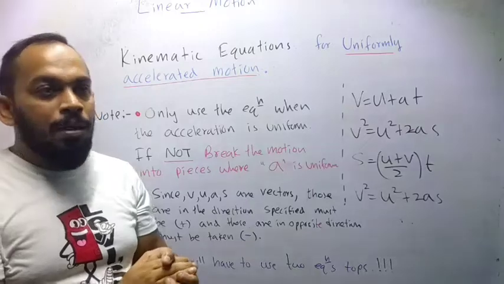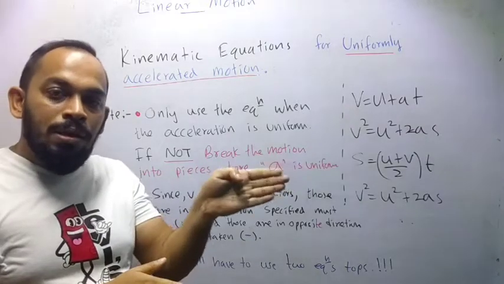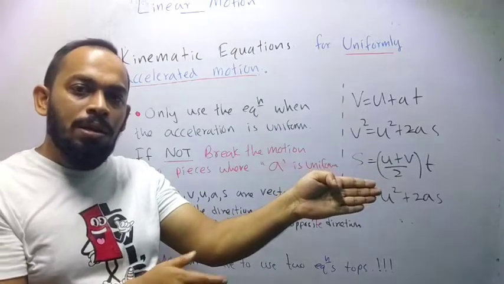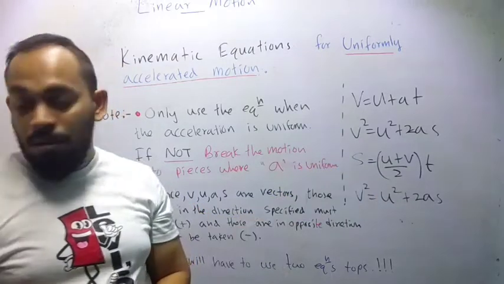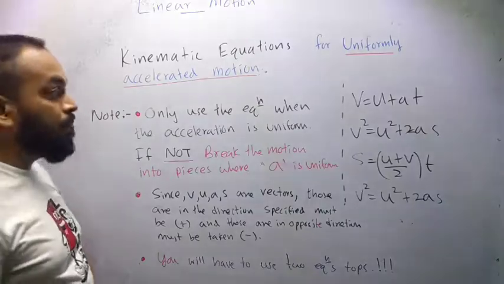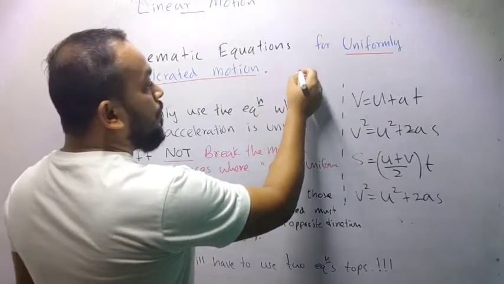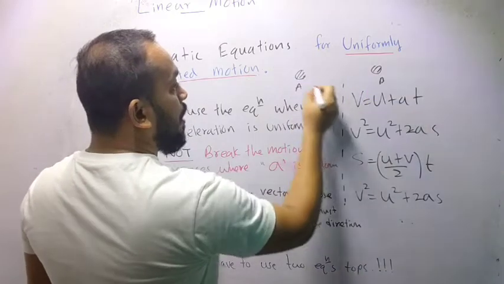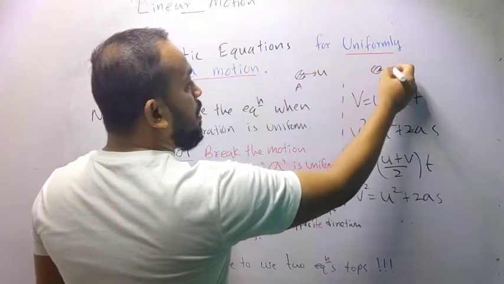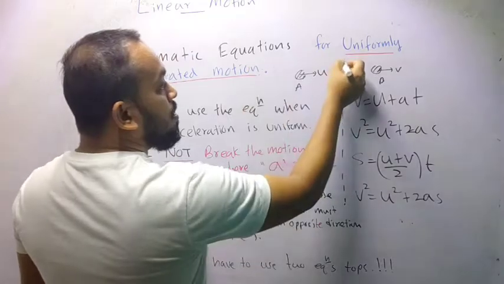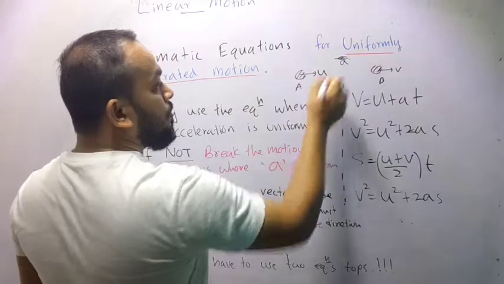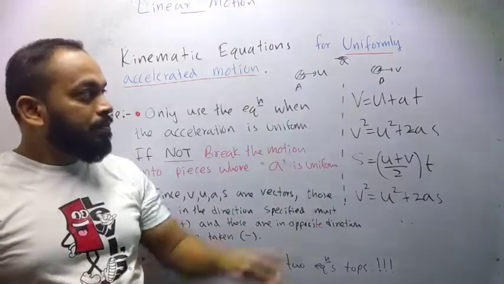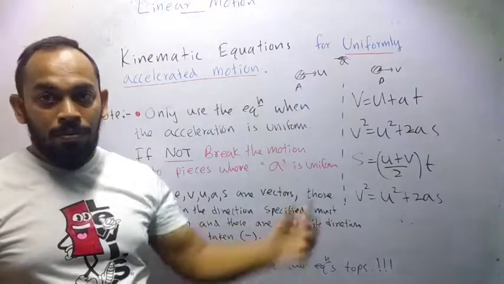Every vector in this direction is taken to be positive, and every vector quantity opposite to that direction is taken negative. For example, if your particle is moving from A to B, so U is here, and the acceleration is in this direction, which means there will be a deceleration.